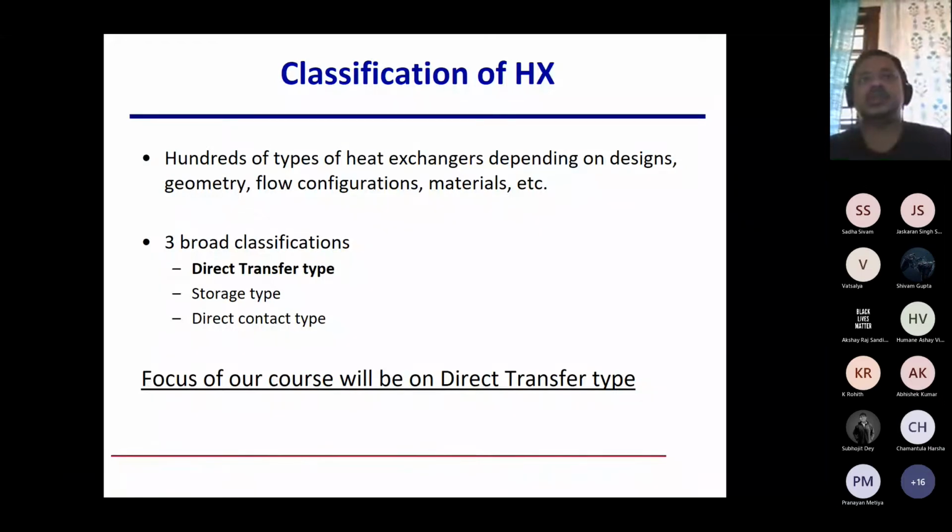By the way, Professor P.K. Das, who is in our department, who used to teach heat transfer along with me for several years, is pretty much a national authority on heat exchangers. Very few people within India know heat exchangers better than he does.